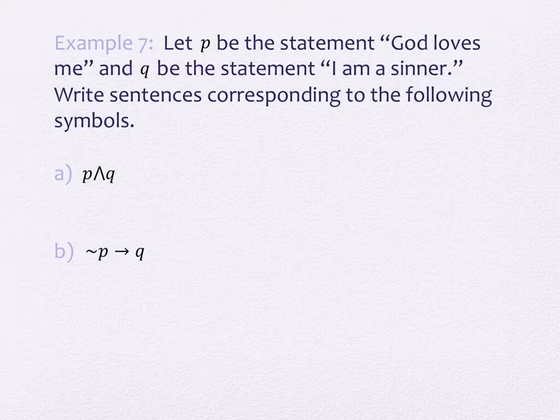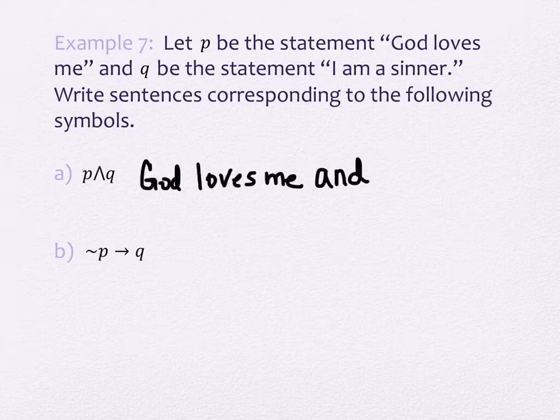What is P? God loves me. What would I write down next? And. Okay, that's the symbol in the middle, and. And then the Q is I'm a sinner. So this is the language form of those symbols.